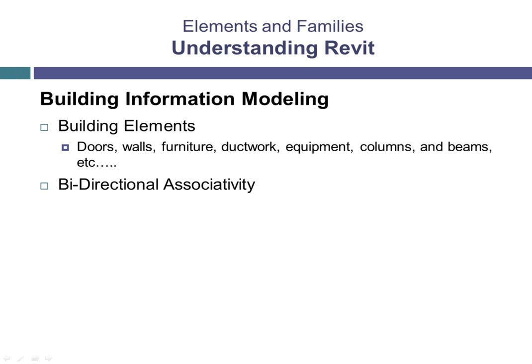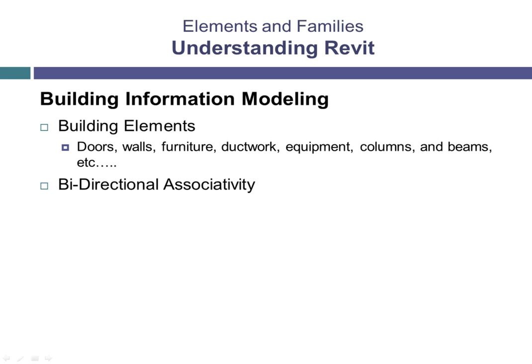Bidirectional associativity refers to the ability to make changes in one place and have that propagate to all views. You can work within any view, including schedules, and the data and graphics of your building model will always be in sync. Revit accomplishes this by creating a new paradigm in the way information and change is managed.